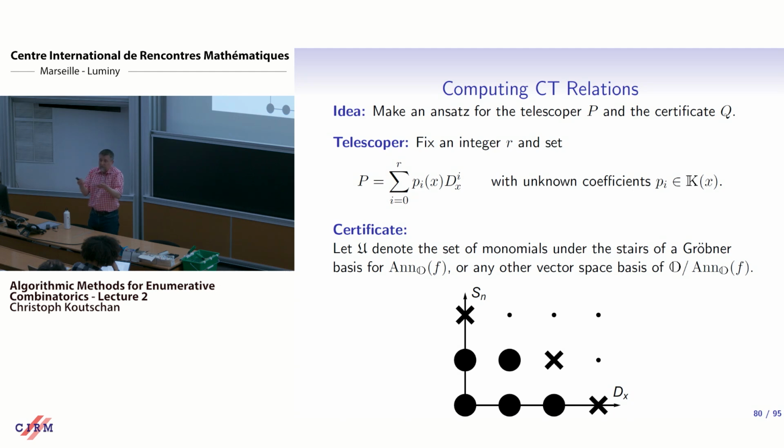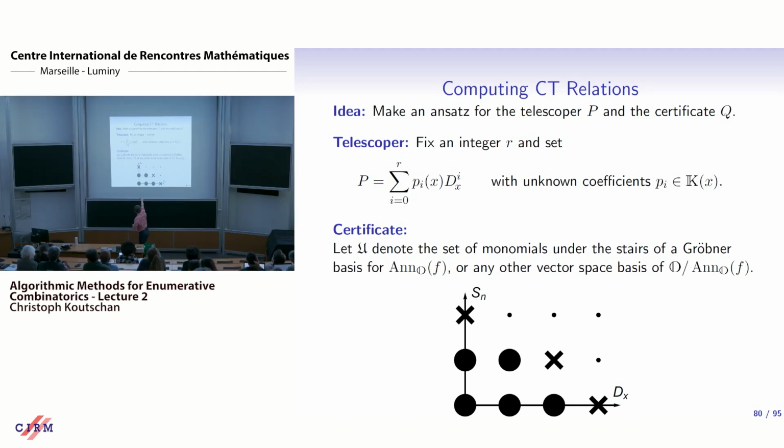But yes, this is also what we do with guessing. If we find something and we are not sure whether this is really the smallest one, you try to make an ansatz with these. The only problem is then that you don't know the degree. The degree can, of course, be quite high. But you try to search for a linear relation among those, and if you don't find one with reasonable effort, you are kind of confident that you have the full annihilator.